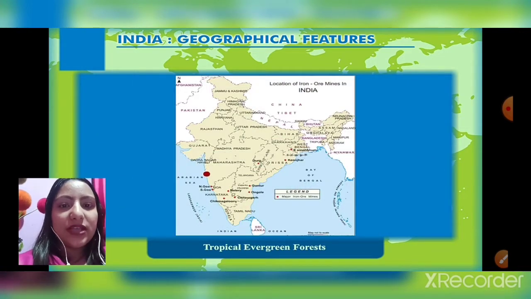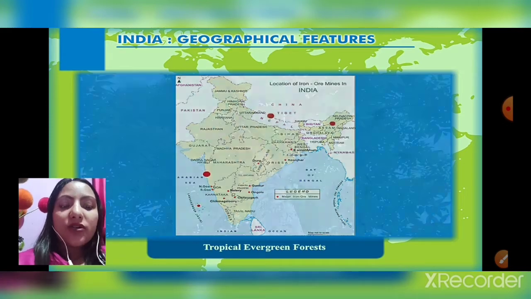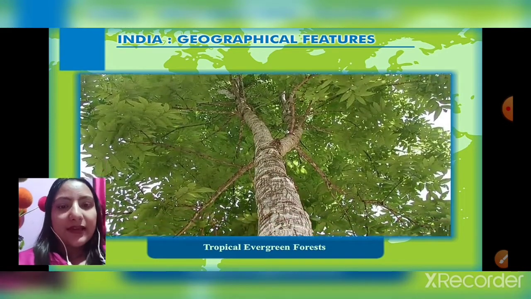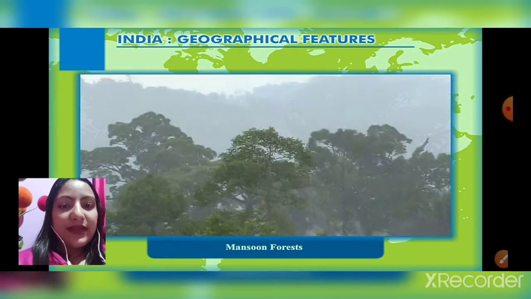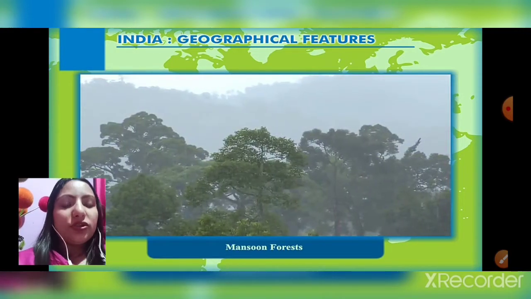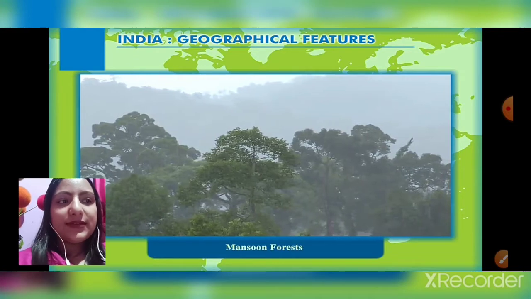Now the places: the western parts of Kerala, Karnataka, and Maharashtra, and parts of West Bengal, Meghalaya, Assam, Arunachal Pradesh, Nagaland, and the Andaman and Nicobar Islands. These are all places where we can find the tropical evergreen forest.